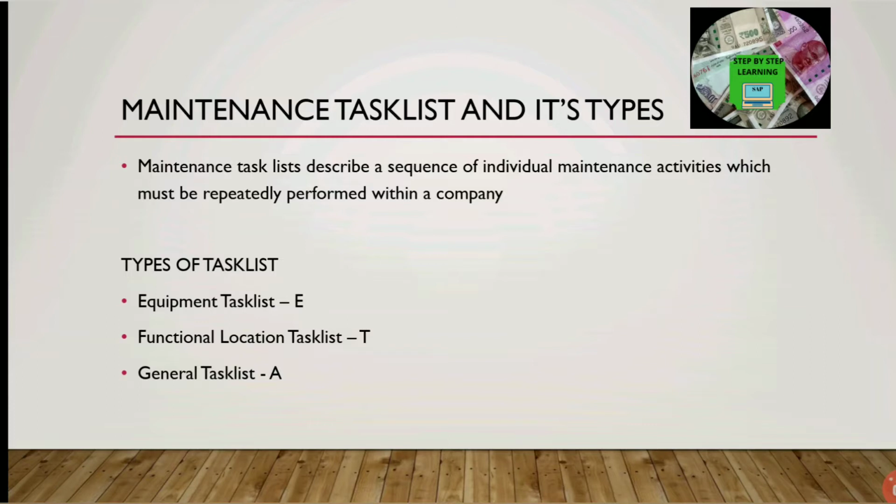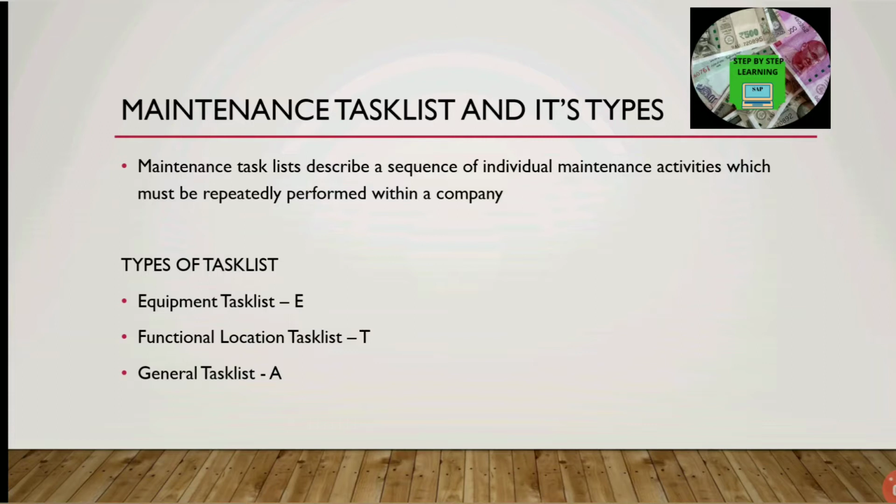If we take the equipment task list, it is created specifically for the equipment. The task list is created directly with reference to the equipment and is linked directly to that equipment. So the task list can be used only for that particular equipment.